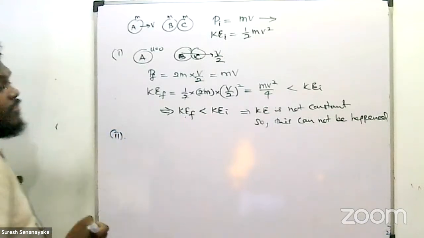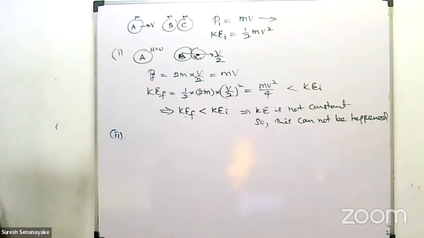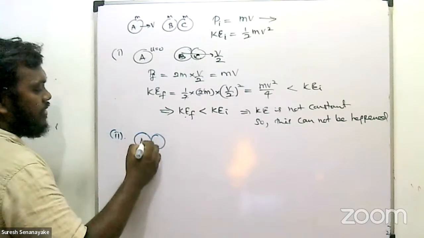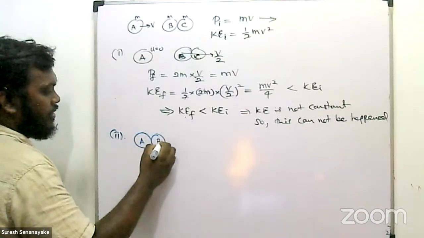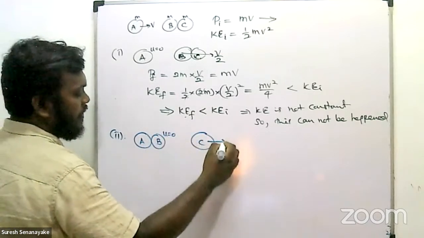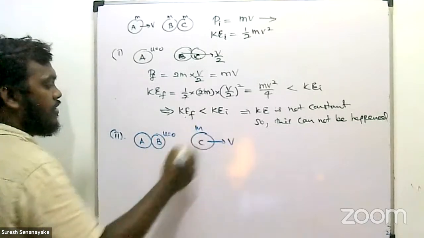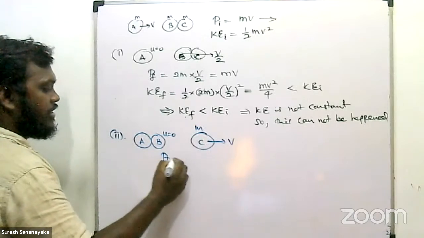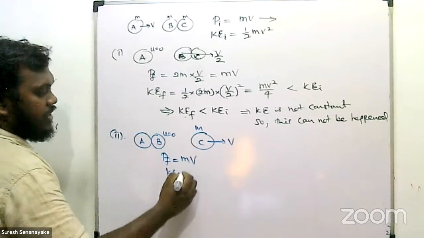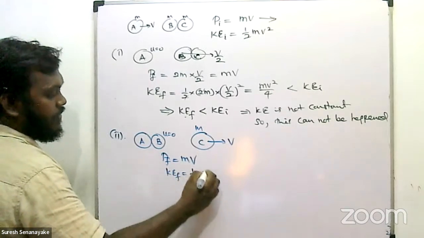Then let's see the second one. In the second one, they given that two bodies, A and B, remain stationary, and C is moving with the velocity v. After the collision, the momentum is conserved, that's mv, and after the collision the kinetic energy is half mv square.